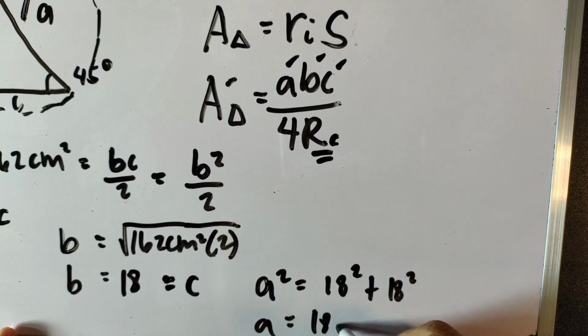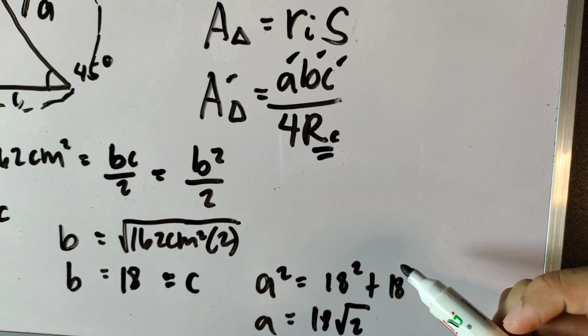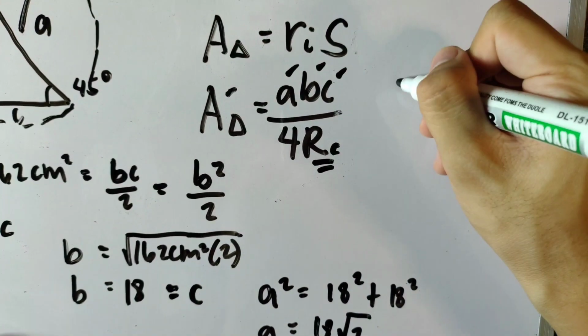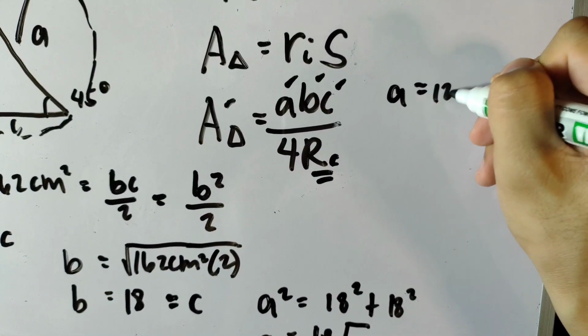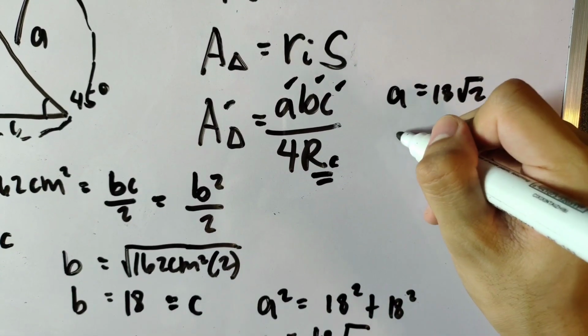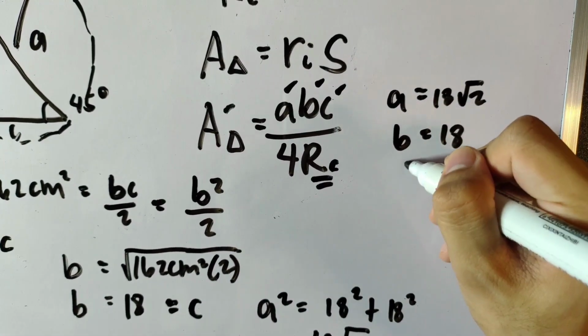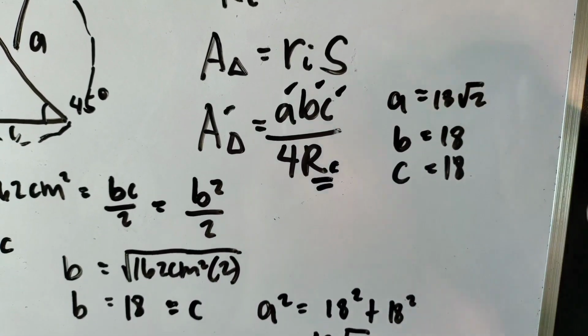So meron na tayong values ng A, B, and C. Yung A natin is equal to 18 square root of 2, yung B natin is equal to 18, at yung C natin is equal to 18 also.